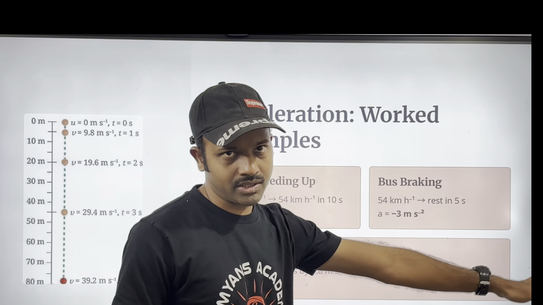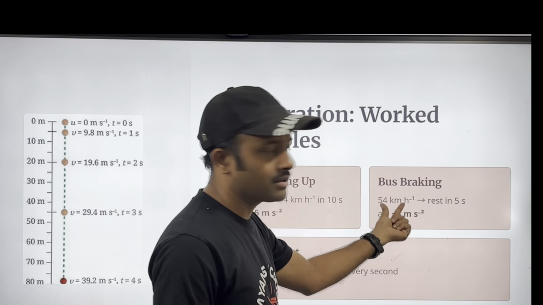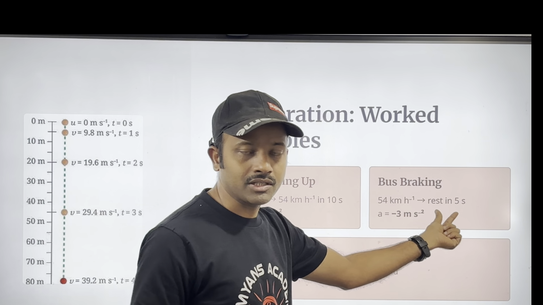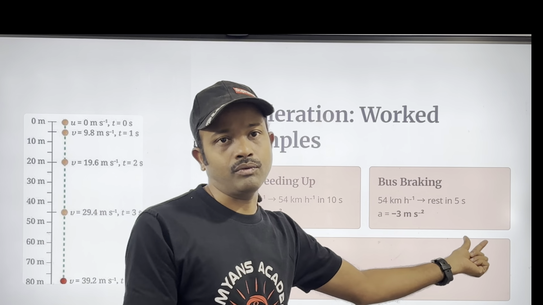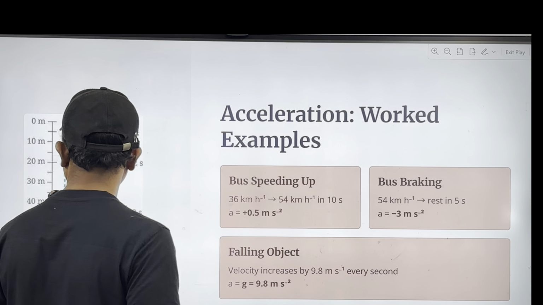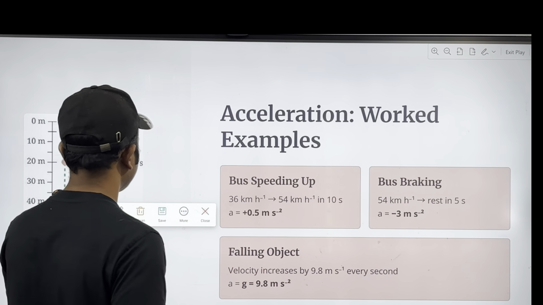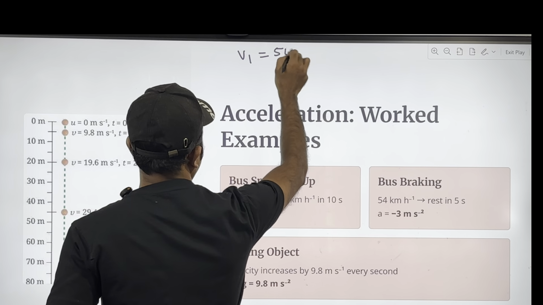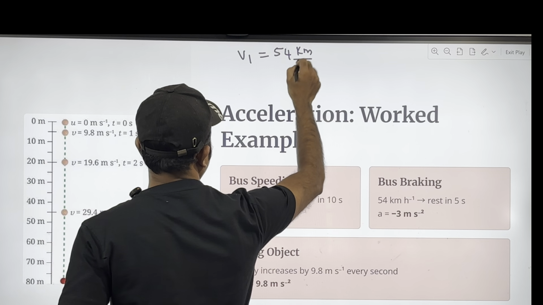In this situation, what is the V1 you have to consider? V1 is 54 kilometer per hour. The bus coming to rest means the speed of the bus decreases to 0, so V2 is 0.